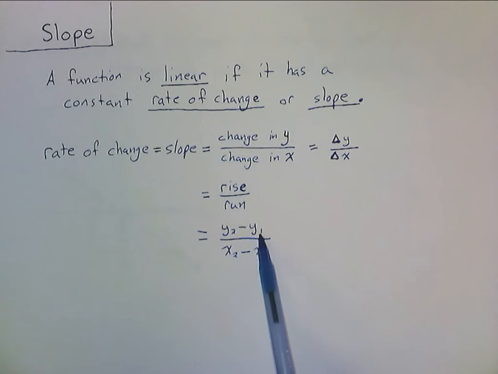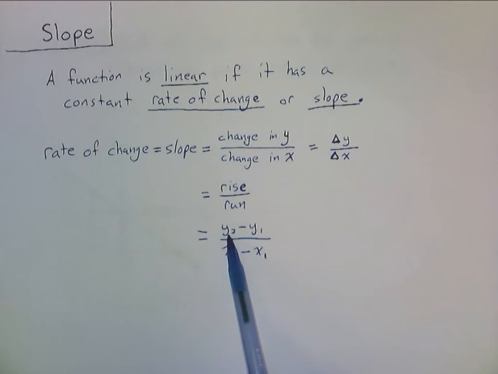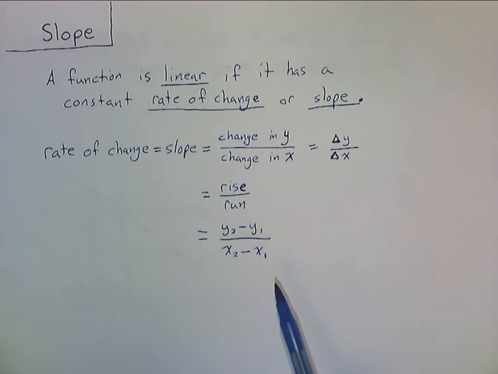Up here, y sub 1 is the y coordinate of the first point, y sub 2 is the y coordinate of the second point. So it's just the difference in y coordinates divided by the corresponding difference in the x coordinates. Notice we're going from the second point to the first, second point to the first. You could switch these around and it's the same thing. Doesn't really matter. But let's just look at an example here.